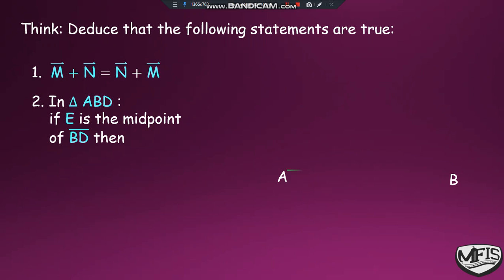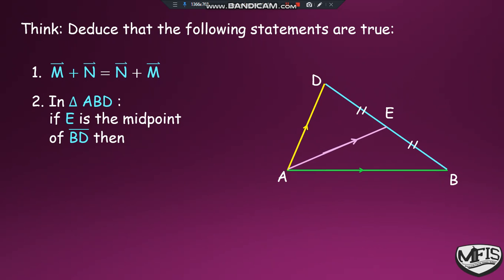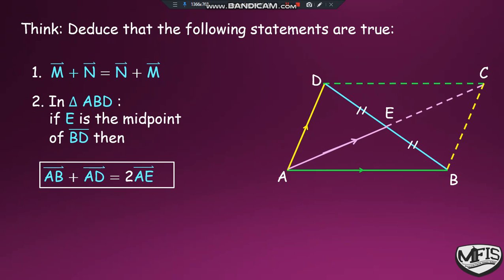So number two, in triangle ABD, if E is the midpoint of BD, then AE is called the median, so this rule will be the median rule. If we complete the parallelogram, then AB plus AD equals the diagonal AC, and the two diagonals bisect each other.